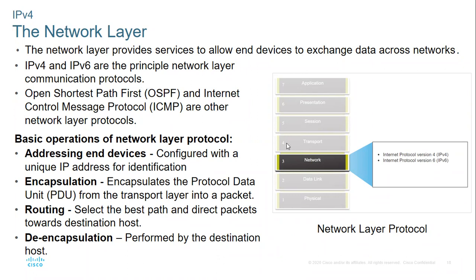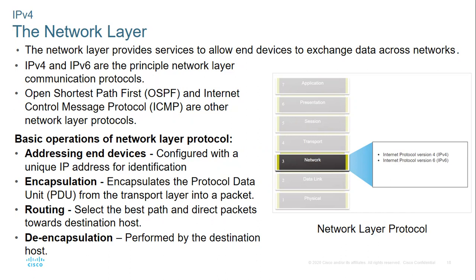Okay, so apart from having IPv4 and IPv6, we also have dynamic routing protocols, for example OSPF. Now, the internet, what you see there are just routers which have been connected.